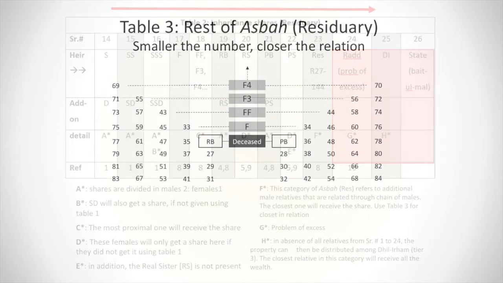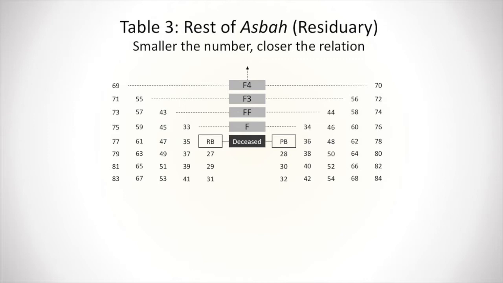Now we move on to table 3. Table 3 only has one specific purpose. If you reach column number 23 during your calculations in table 1 and table 2, and now you are looking for the extended male relatives, this table will help you identify that among all the male relatives that are connected to the dying person through the chain of males, which male relative category is the closest.